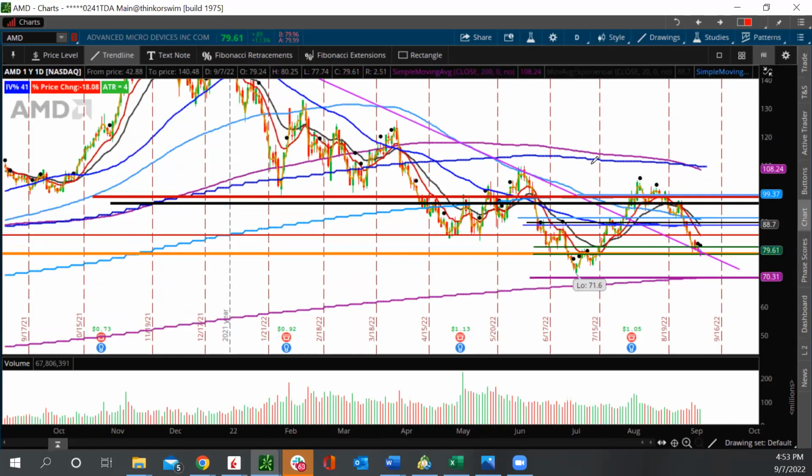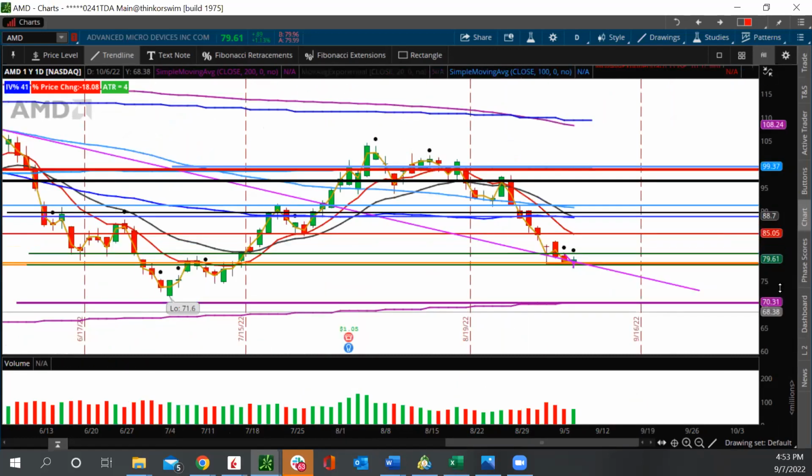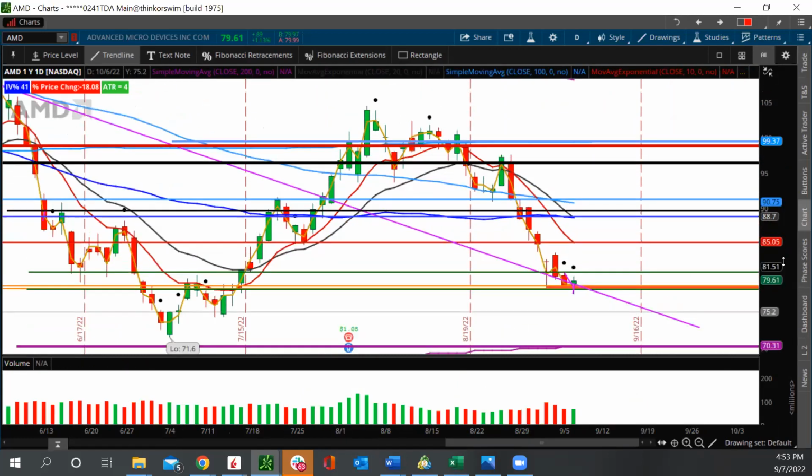Now, what happens to previous resistance when it gets broken? Throw it in the chat. Yeah, previous resistance should become support, right?